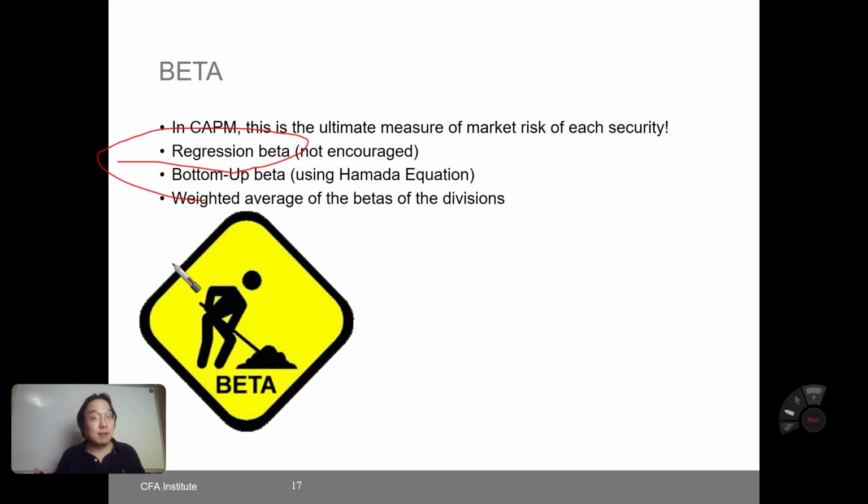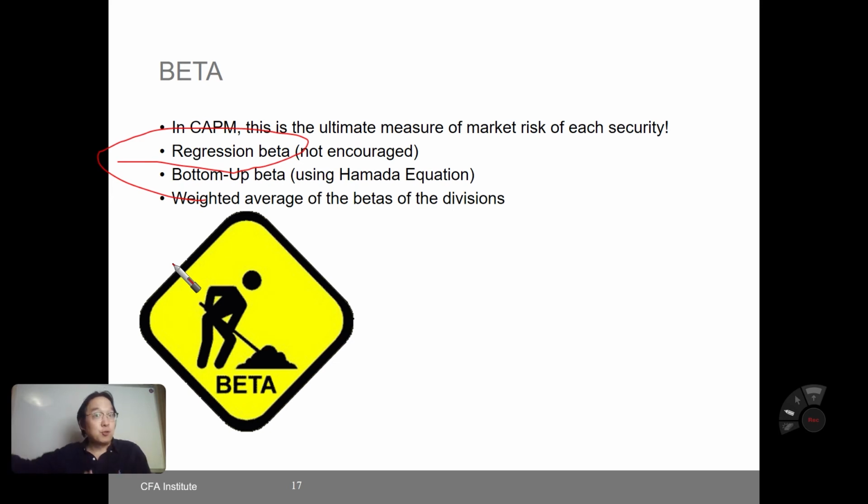Can we expect the Tyrannosaurus or T-Rex to rule the world in the Ice Age? No. Are we talking about something that we are experiencing right now? Perhaps. So regression beta: we have a strong assumption when we use regression beta to estimate the cost of capital going into the future.